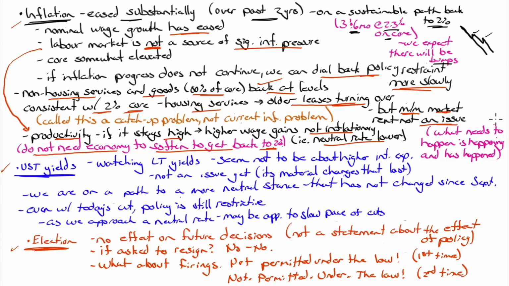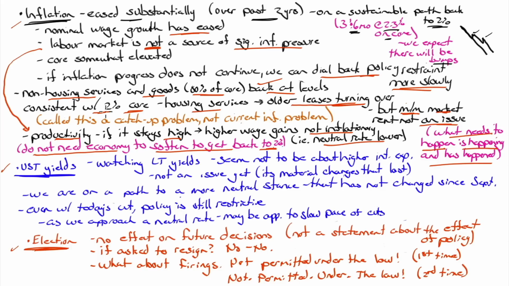Month-over-month market rents are not an issue. He's saying what needs to happen is happening and has happened. Loves the word happen. This is not somebody who sees inflation as a problem any longer.